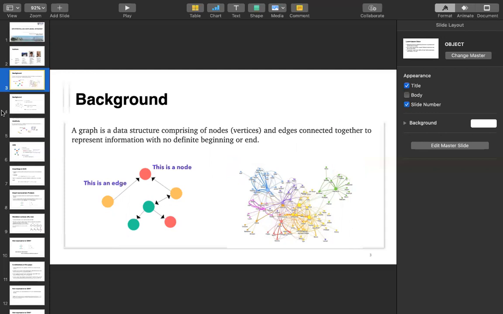You can see that a graph consists of vertices and edges. A typical graph data in our daily life is a social network, where the nodes are people and the edges are the relationships between people.